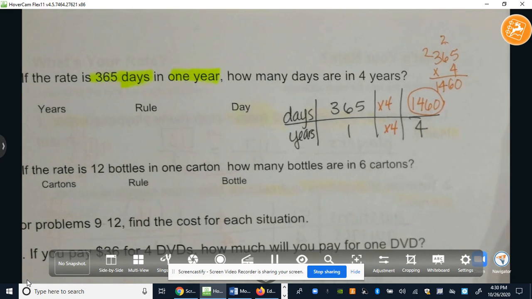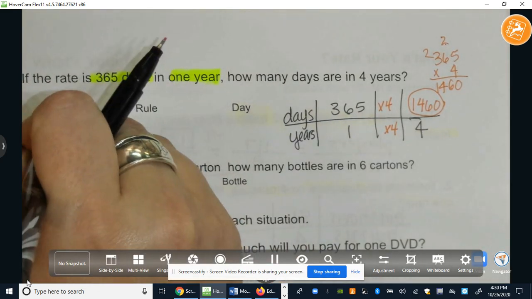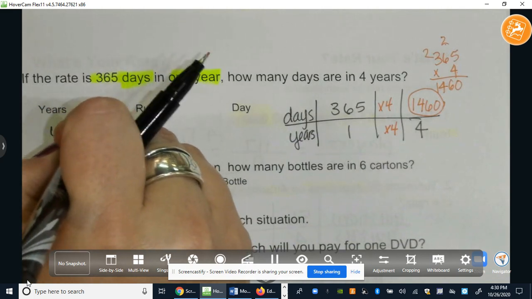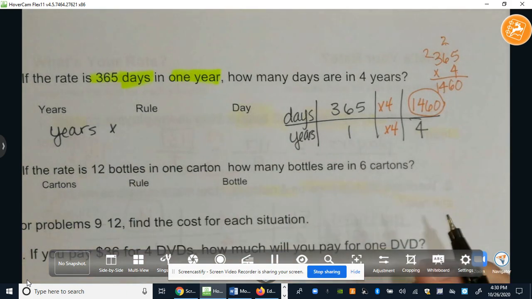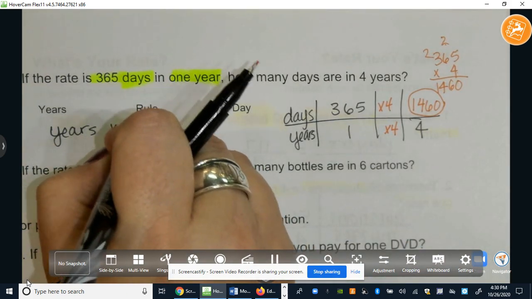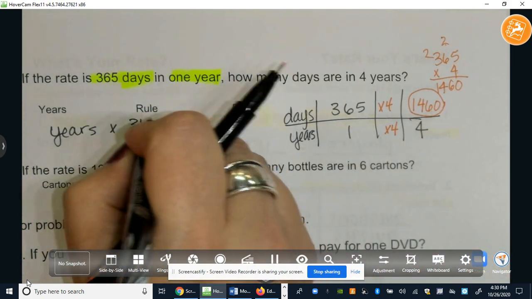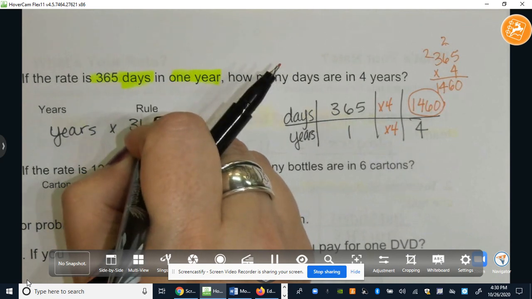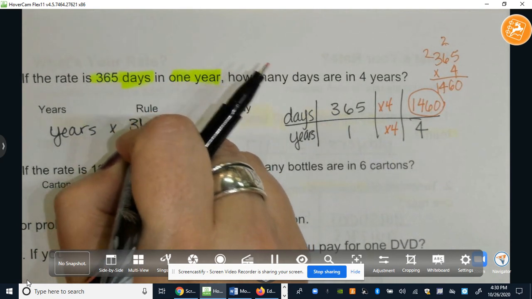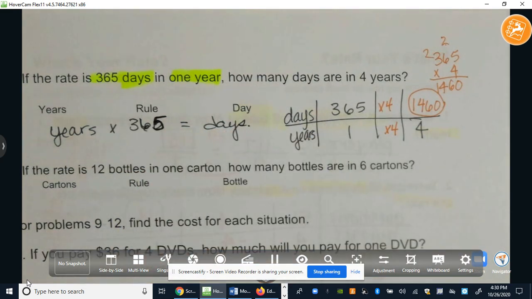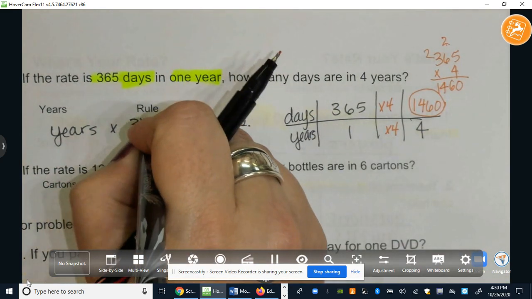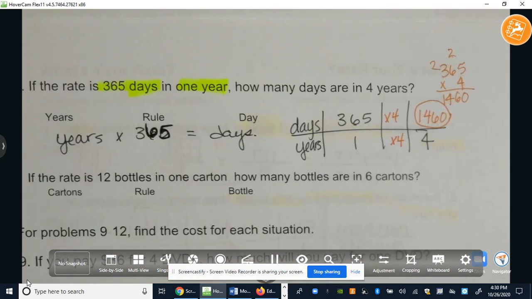So to figure that out, we take the amount of years we have, multiply it by 365, equals the amount of days you have. Okay.